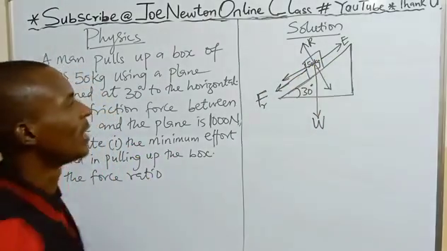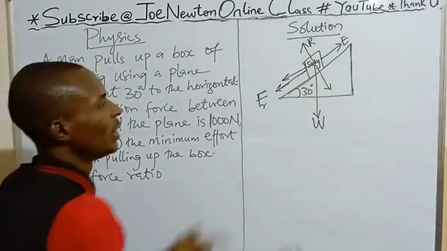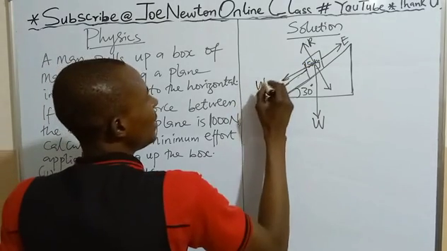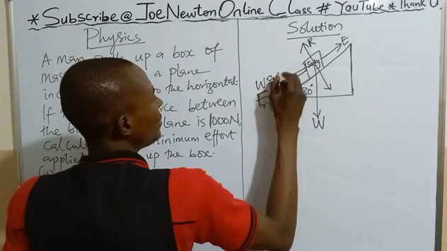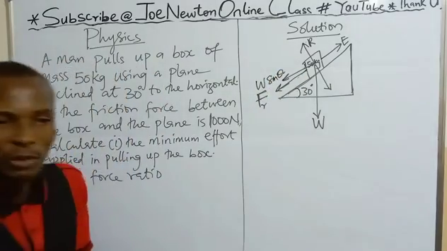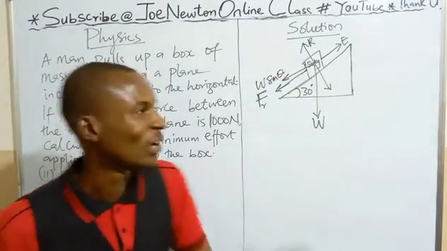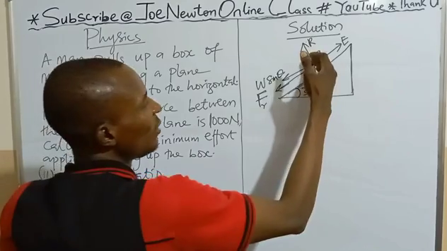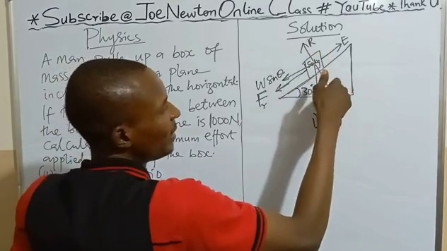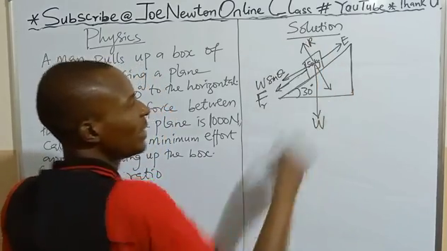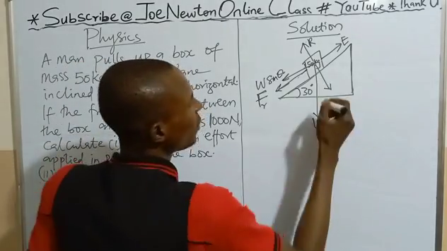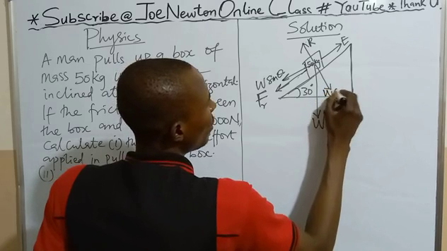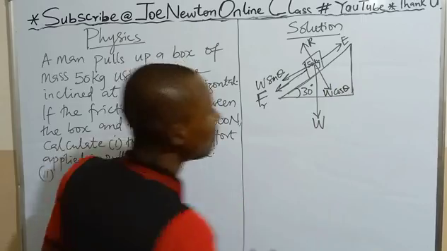By vector resolution, the component along the plane is W sine theta, because the component of acceleration due to gravity g along the plane is g sine theta. Then the component perpendicular to the plane should be W cos theta.